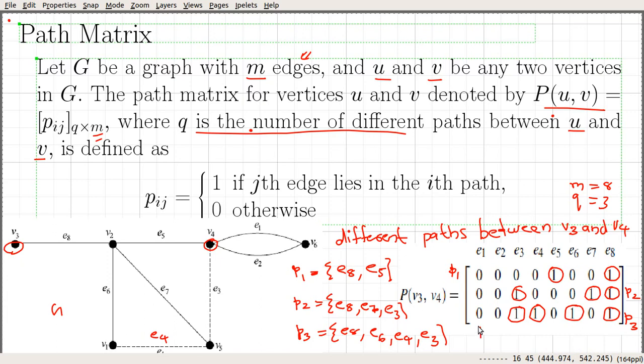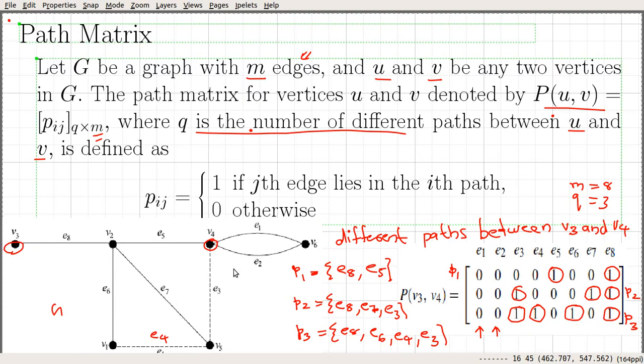If you consider these 2 columns, okay, these 2 columns contains only zeros. Okay, that says okay, every path between V3 and V4, okay, it does not pass through these 2 edges, E1 and E2.